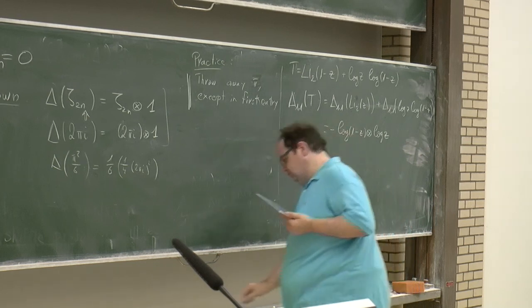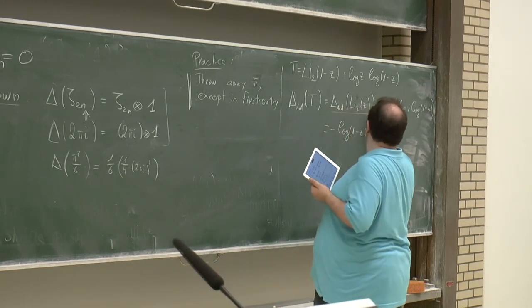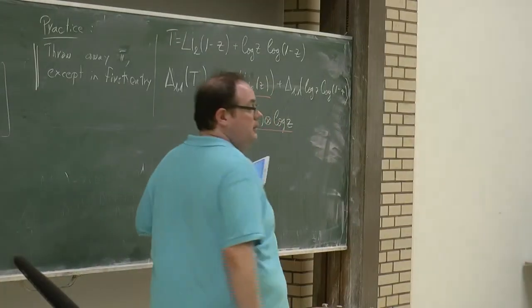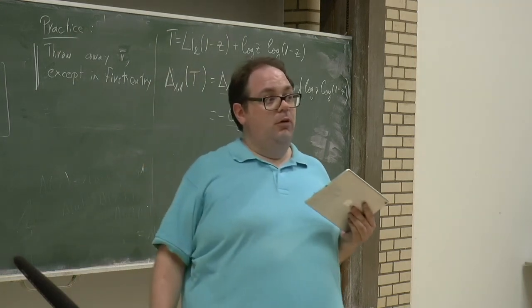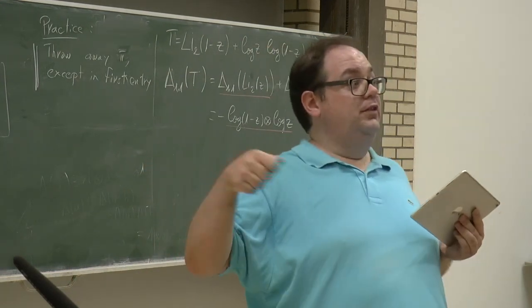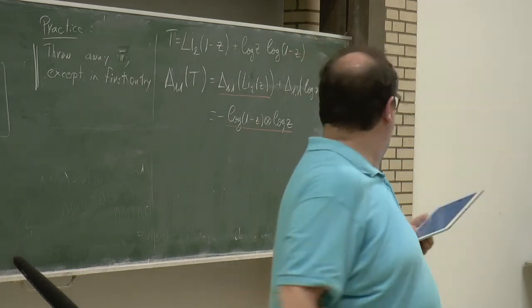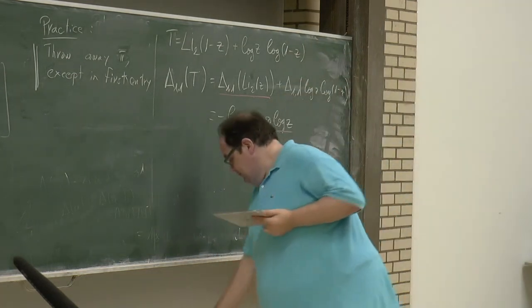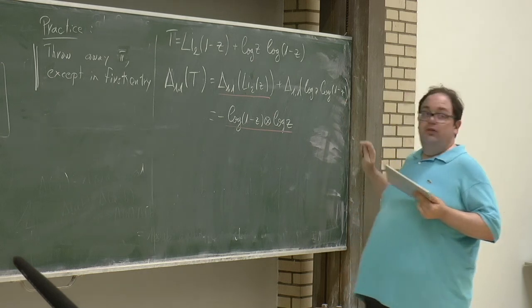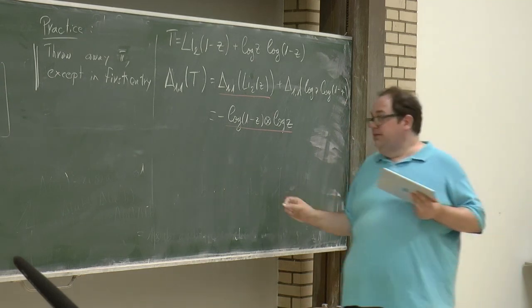We had before a formula for delta of Li2, that 1 tensor 2 plus the 2 tensor 1 plus that term. And this is a product. I know how to compute a coproduct of a product.